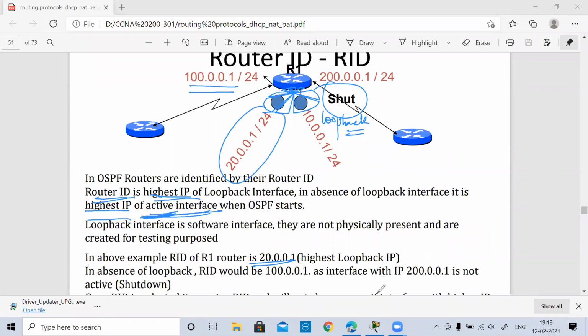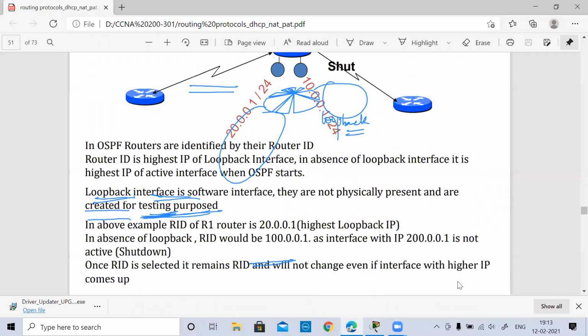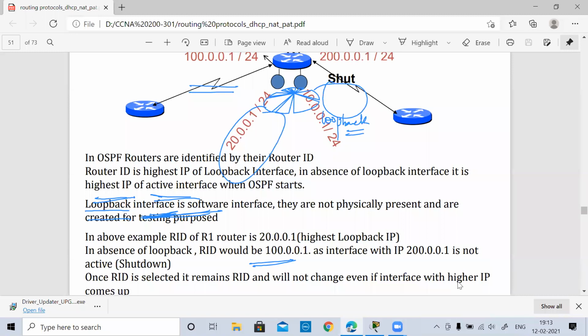So what happens if that particular interface goes up then? Okay, after some time you found that the interface went up, that interface of 200.0.0.1. If that particular interface comes up, it is not going to change the router ID.